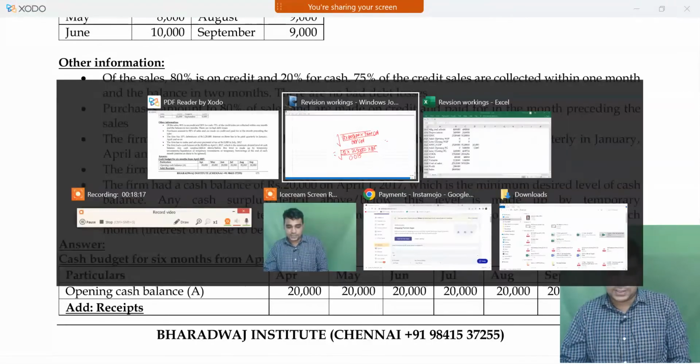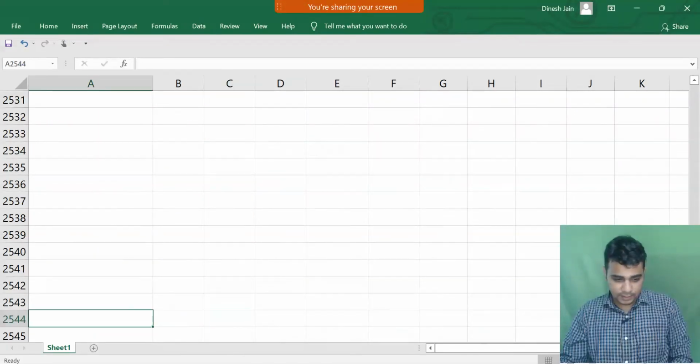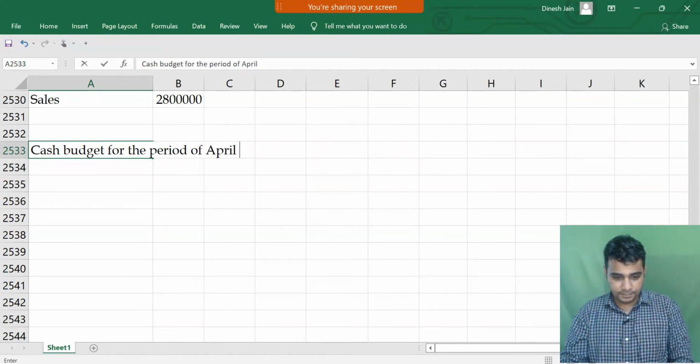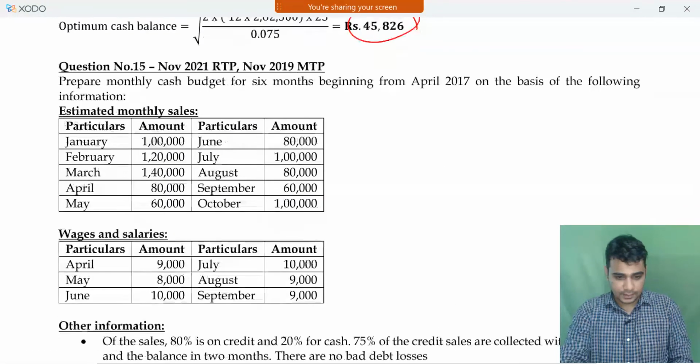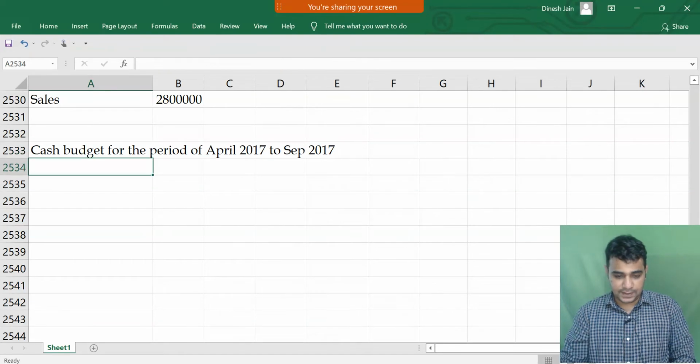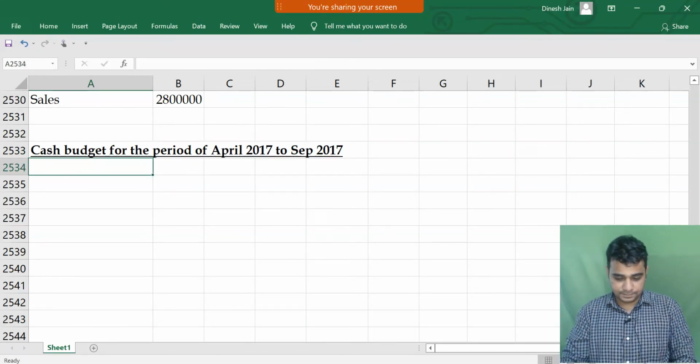Let's start. Cash budget for the period of April 2017 to September 2017, 6 months.